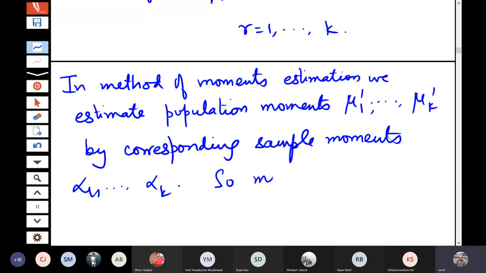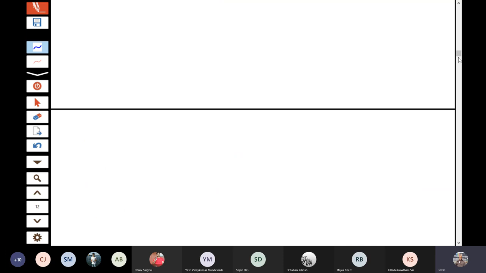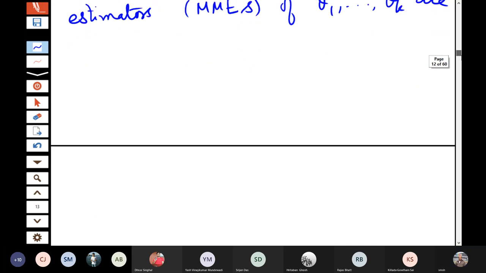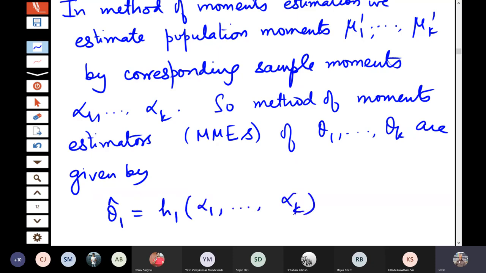So the method of moments estimators, we call them MMEs, of theta 1, theta 2, theta k are: theta 1 hat is equal to h1 of alpha 1, alpha 2, alpha k.